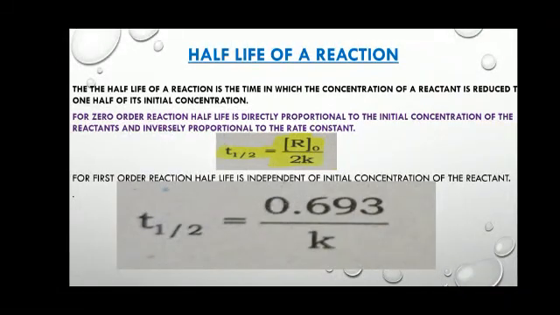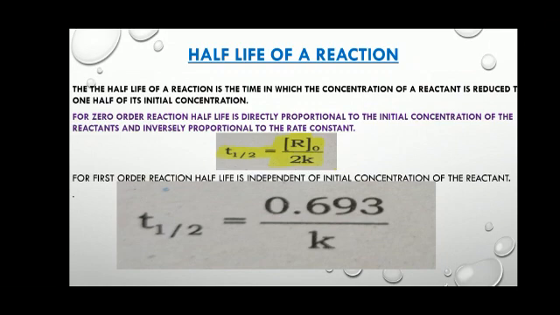We can write it as t half is equal to R naught upon 2k, where R naught is the initial concentration of reactant, t half represents the half-life, and k is the rate constant.